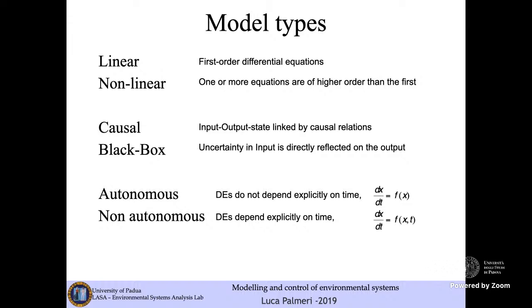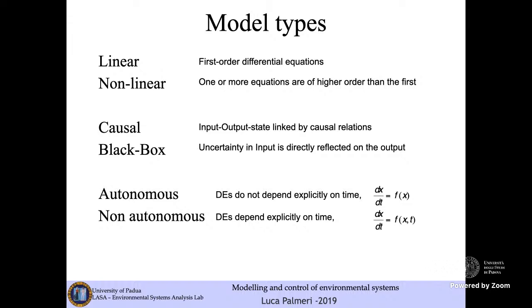So the input and output states of the system may be linked by causal relationships. In this way, we are assuming that we are able to describe in mathematical, explicit terms the linkages between the state of the system and the change of the external conditions that may act on the state of the system.